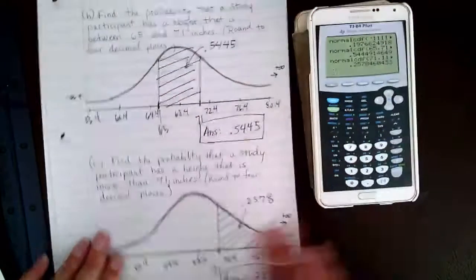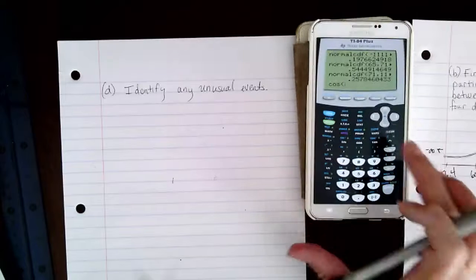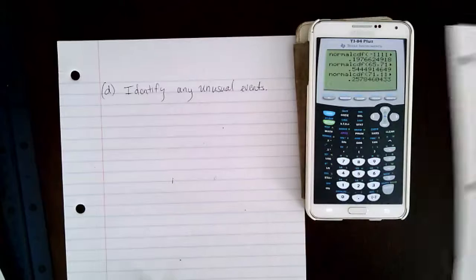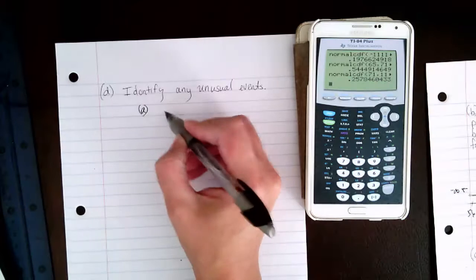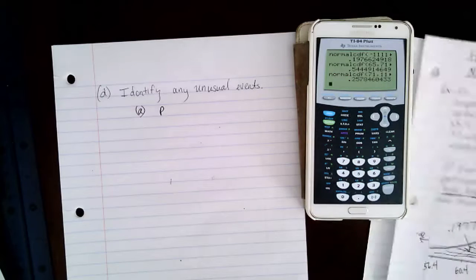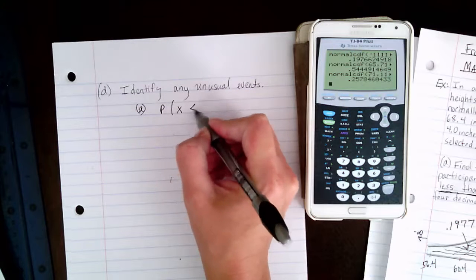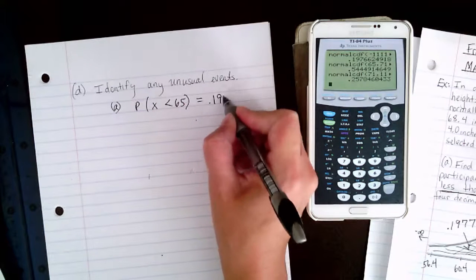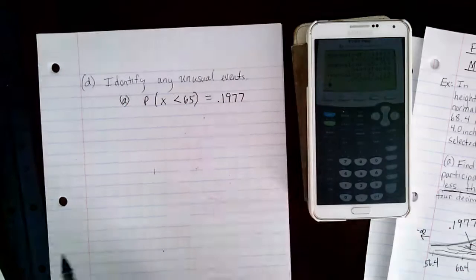Okay, the last part of this question asks us to identify any unusual events. Now, if it's unusual, it would have to have a less than 5% chance. So in part A, we found the probability of a participant having a height that was less than 65 inches, and we got 0.1977. That is about a 20% chance, so that is not less than 5%.